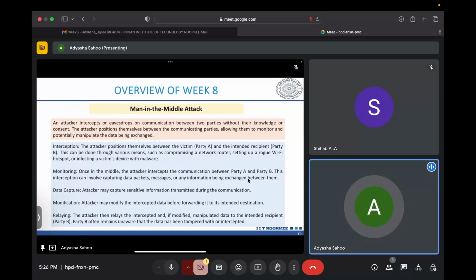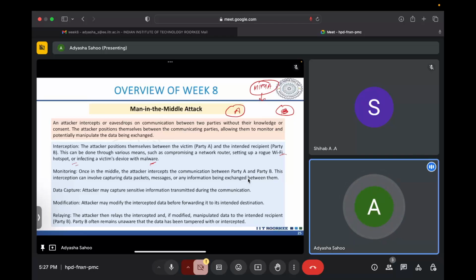The next one is the man in the middle attack, the MIMA attack that we call. Here basically you have similarly two parties, party A and party B, and the attacker will position itself in between these two parties and try to hack the system between them through a Wi-Fi hotspot or any device malware.